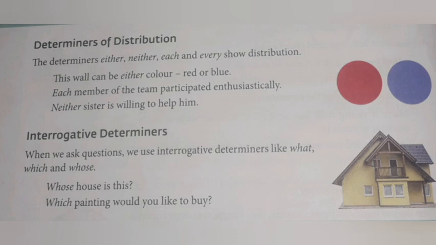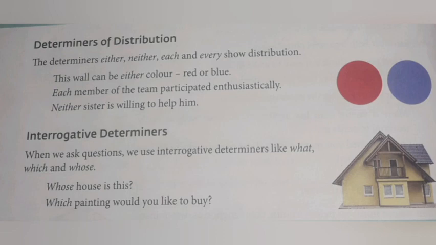The determiners either, neither, each and every show distribution. Example: this wall can be neither red nor blue.